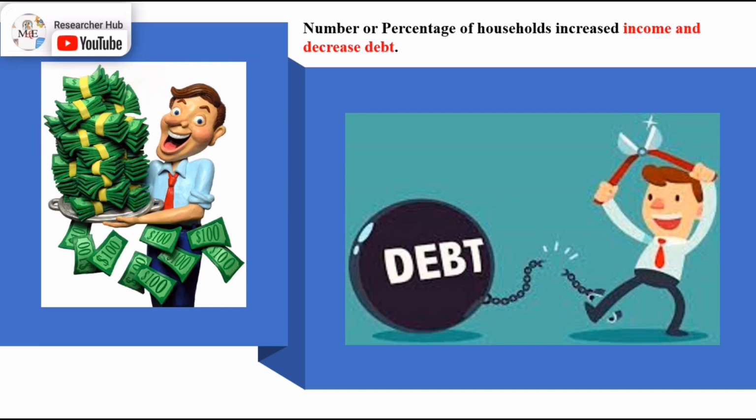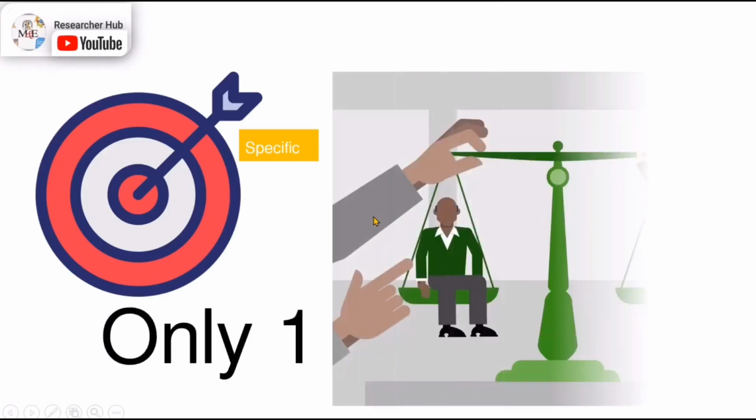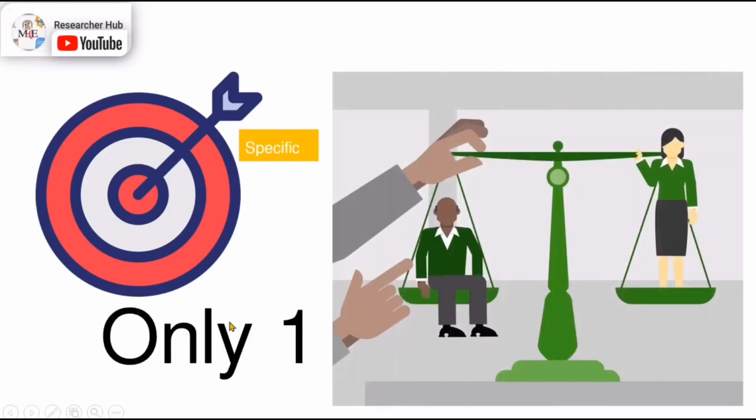That's why it's not good to measure two things within one indicator. We need to drop one. It's not good to have that. So a good indicator, again, is only one thing at a time.